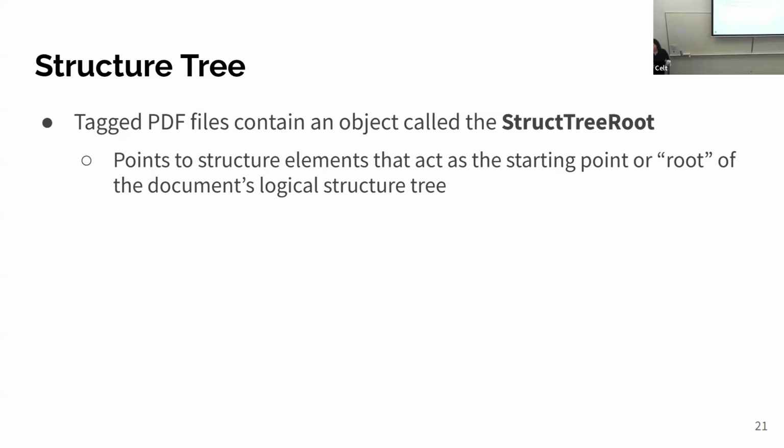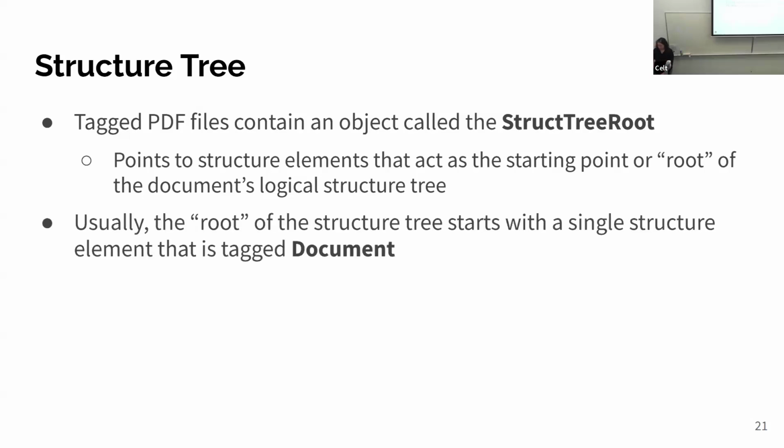So if you think, again, with the analogy of a book, a chapter has sections, and sections have paragraphs. So that's a sort of parent-child relationship. A paragraph is a child to a section, is a child to a chapter, is a child to the whole book.